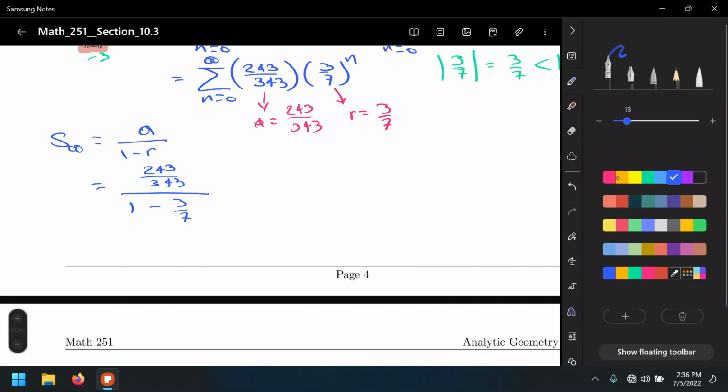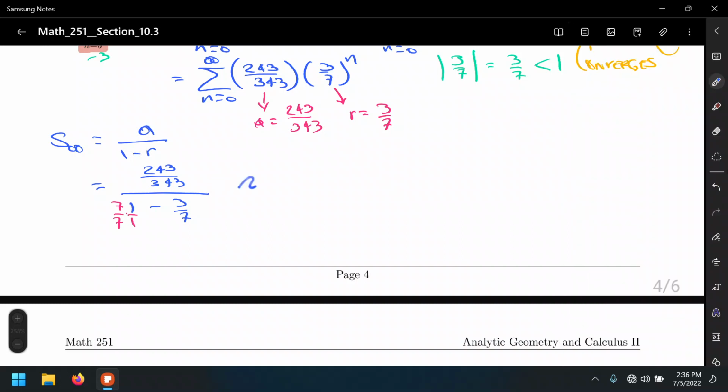Well, this is the same as saying 7/7 minus 3/7, which is 4/7. So this is 243 over 343 divided by 4/7.